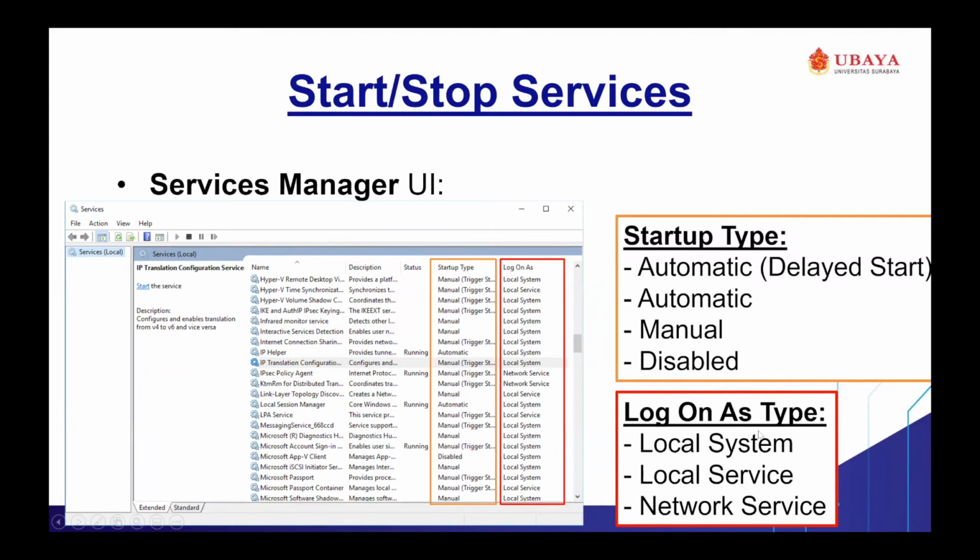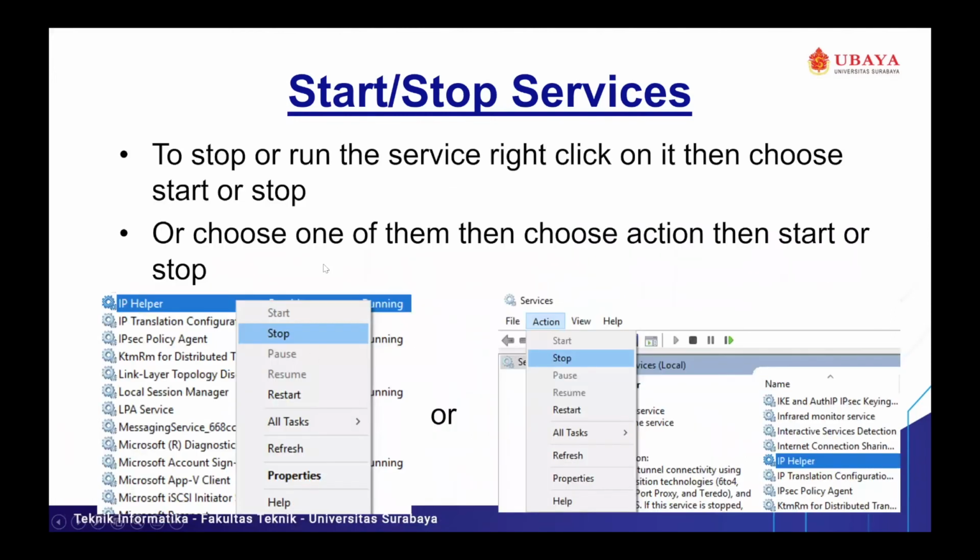And the log on as type contains local system, local service, and network service, right? So if you want to disable one of the services, you can just right click on the service, then press the stop button, right?